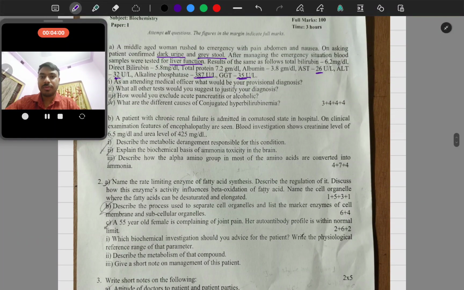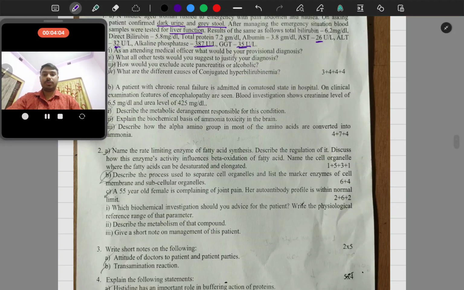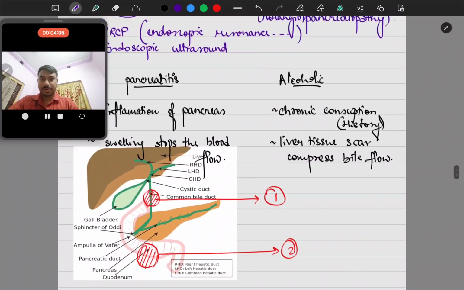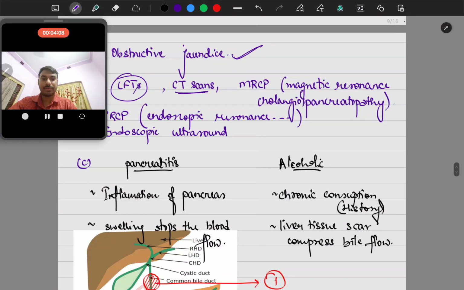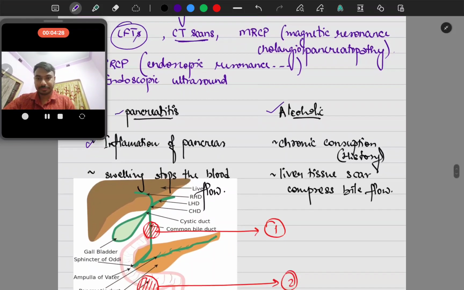is: how would you exclude acute pancreatitis or alcoholic obstructive jaundice? So I am giving an example here: pancreatitis and alcoholic obstructive jaundice. In both cases obstructive jaundice occurs. Now in pancreatitis there is inflammation of the pancreas, and in alcoholism there is chronic consumption of alcohol.